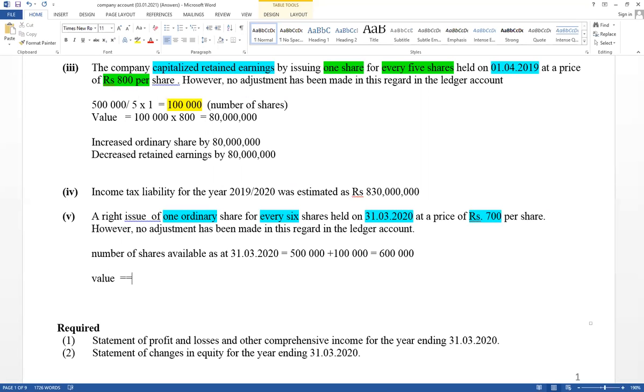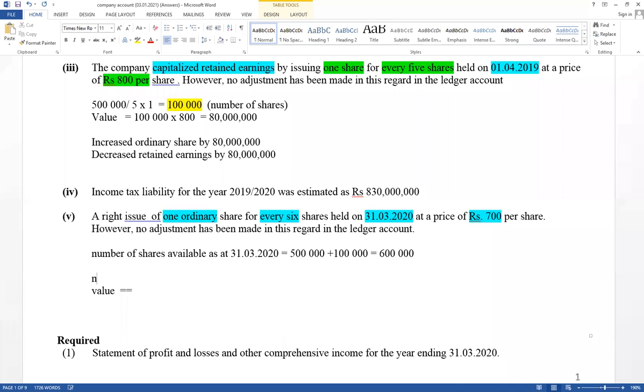Therefore, first one you have to calculate number of shares issued as a right issue. It has given ratio 1 share for every 6 shares.